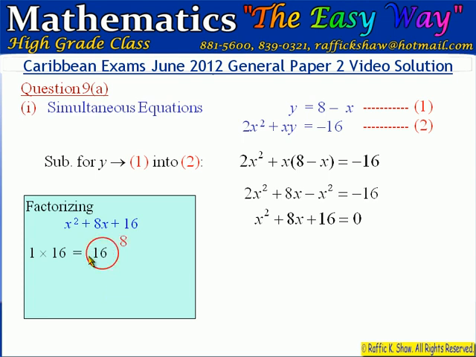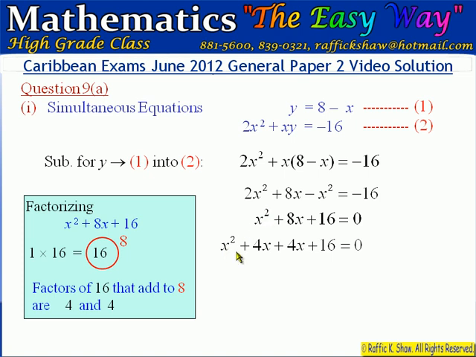The factors of 16 that add to 8 are 4 and 4. 4 multiplied by 4 is 16, so 4 and 4 are factors of 16, and 4 plus 4 is 8. So 4 and 4 are factors of 16 that add to 8, and therefore we can split this 8x into 4x plus 4x.